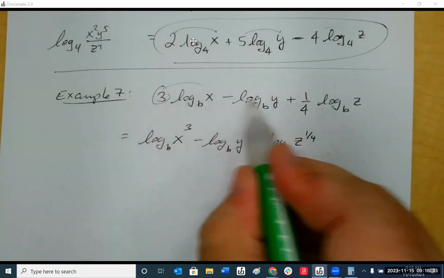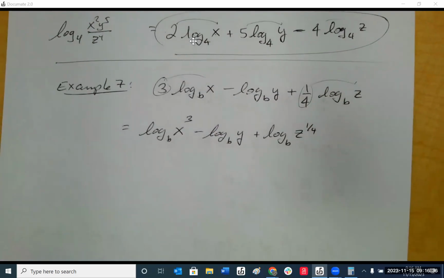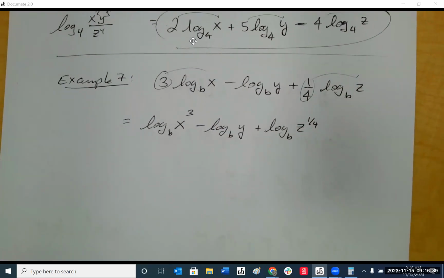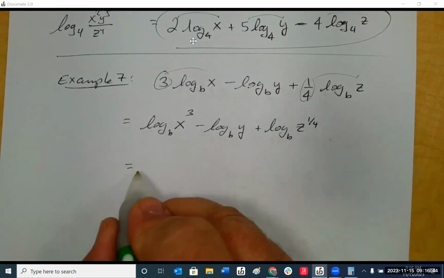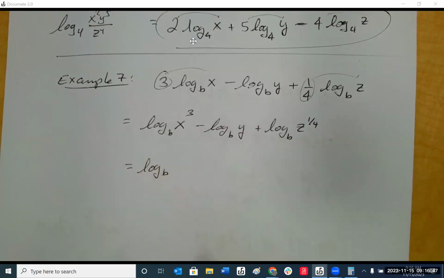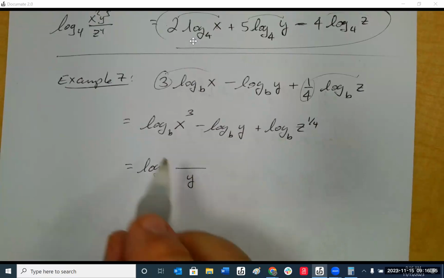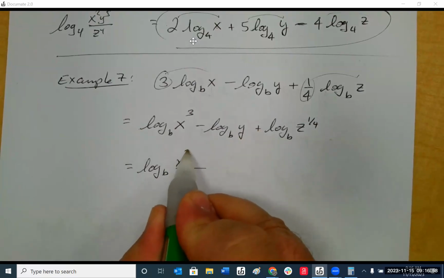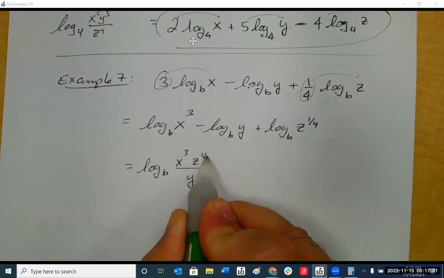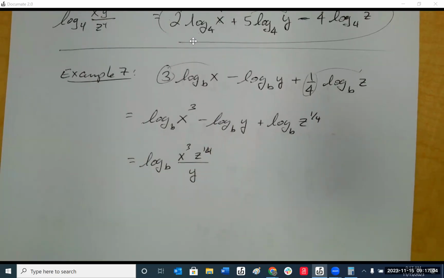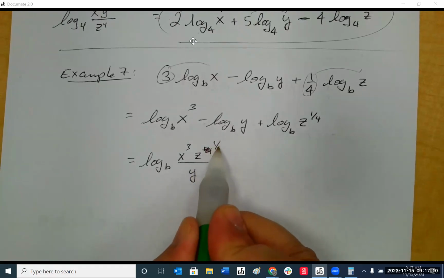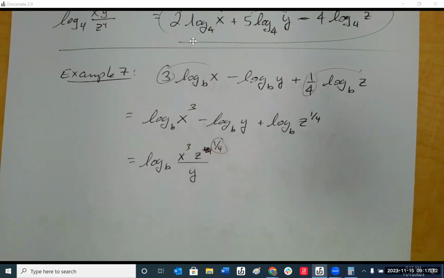The coefficients become exponents. They're all log base b. Some are positive, some are negative. So if it has a negative, it goes on the bottom. If it's positive in front, it goes on top. We cannot have, this is 1/4, we cannot have a fraction as an exponent.